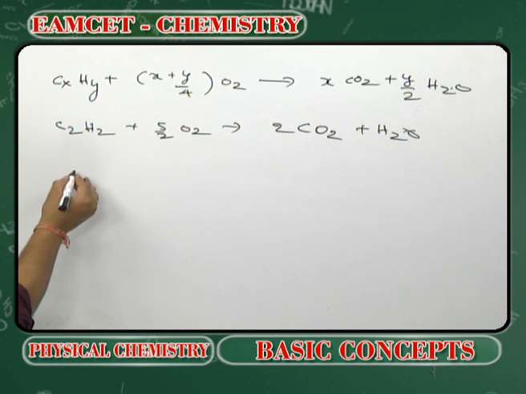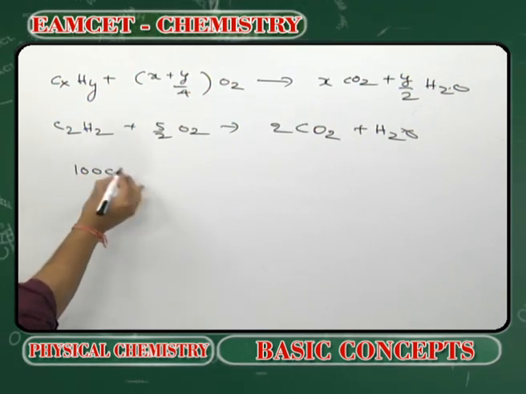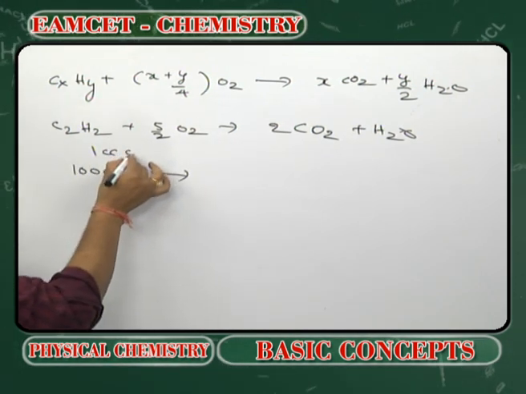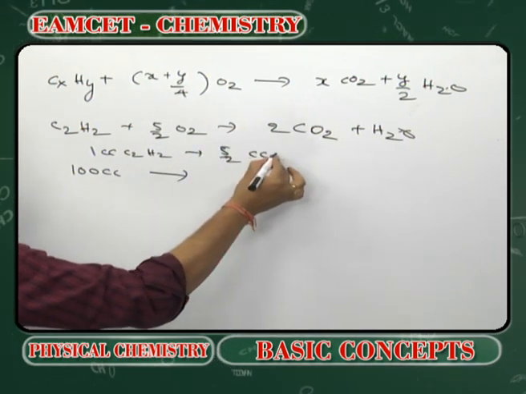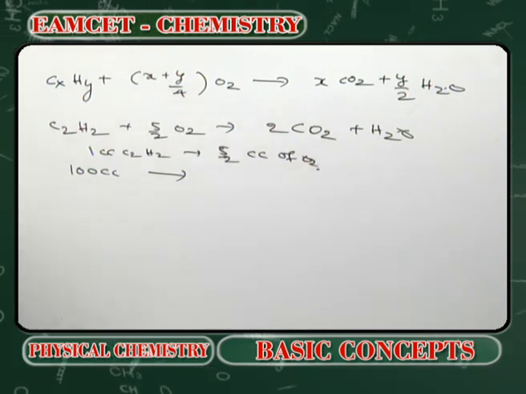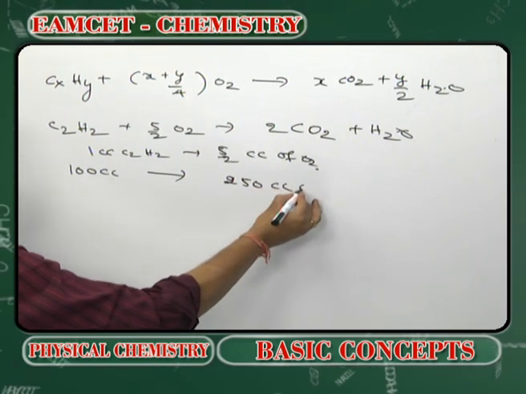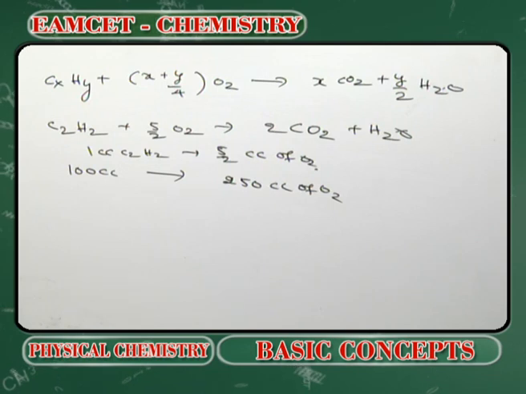So 1 cc of acetylene requires 5 by 2 cc of oxygen. 100 cc will require 250 cc of oxygen. But we are asked to calculate the volume of the air.